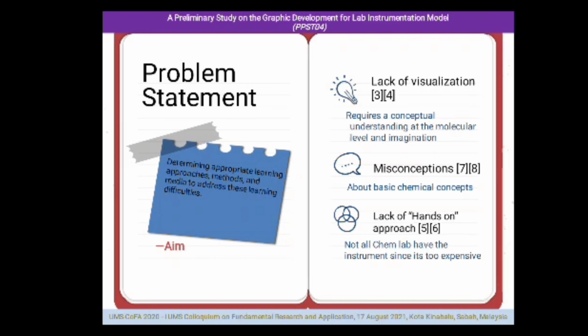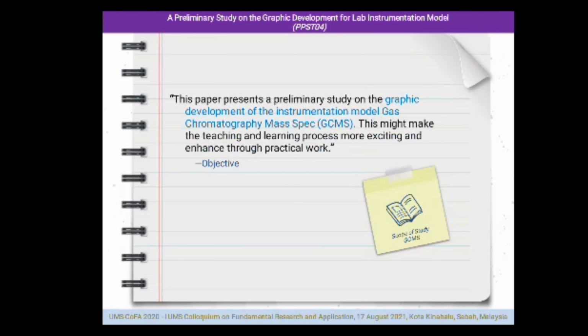The learning approach usually uses lecture notes, and is more on theory rather than hands-on. So by developing a lab instrumentation model, it might help determine an appropriate learning approach, method and media to address these learning difficulties.